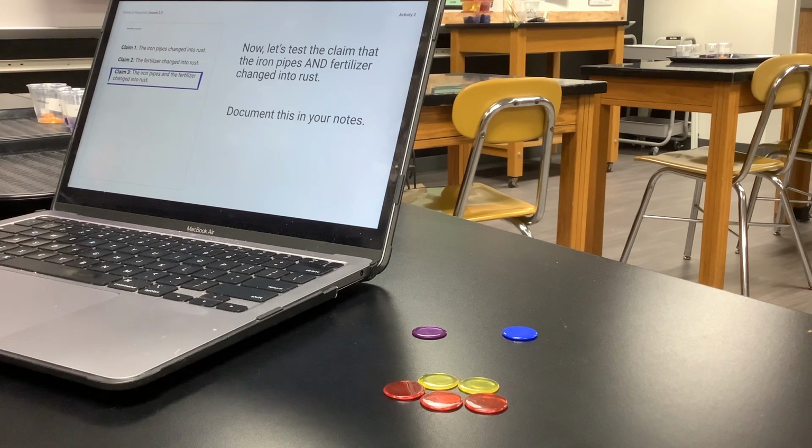Go ahead and document this in your notes. And again, I don't know if I told you guys this, but I'm hoping that you've got some pens or markers or something, and that you're actually drawing out these models. Especially since you weren't here, it's really important that you don't just have a sentence that explains it.